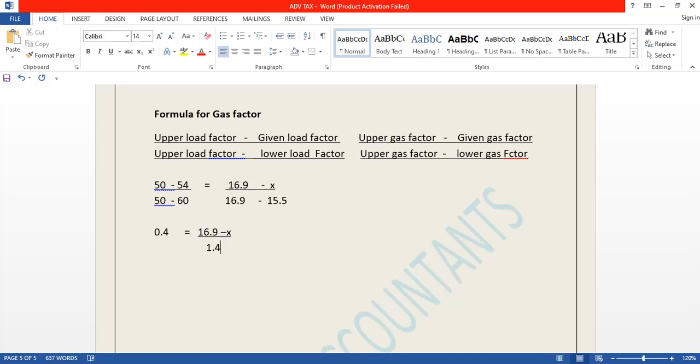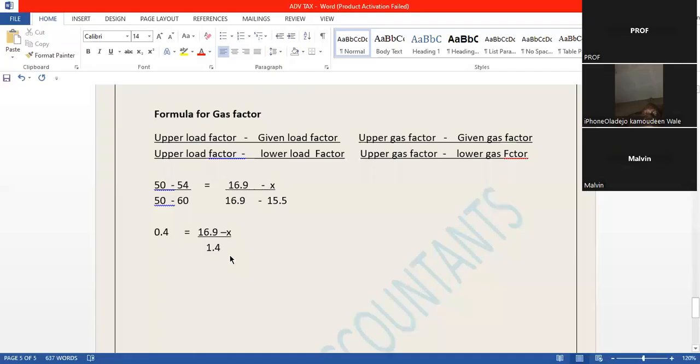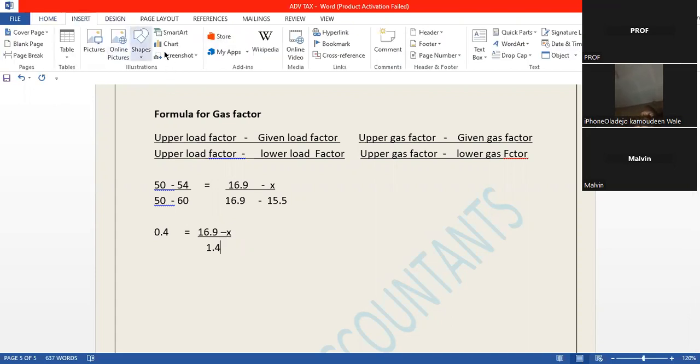So from here, what do we need to do? We want to look for the value of this x. And how do we solve that? So we just cross multiply from here. So we have 16.9 minus x, and this is a figure here. All we want to do now is to get the value of x, and to calculate the value of x, we need to cross multiply.